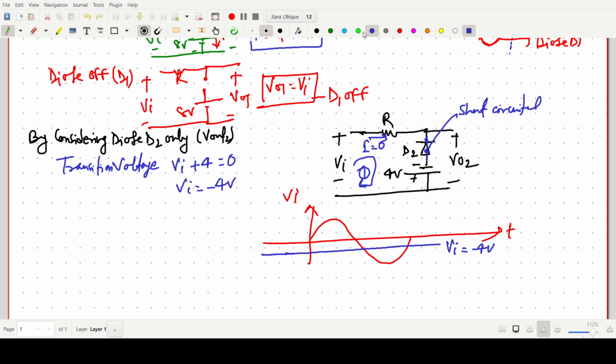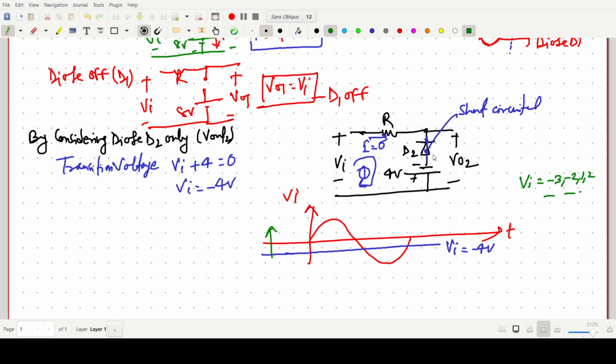If Vi is above this line, that means Vi may be minus 3, minus 2, 1, 2, like that, then what should the diode become?